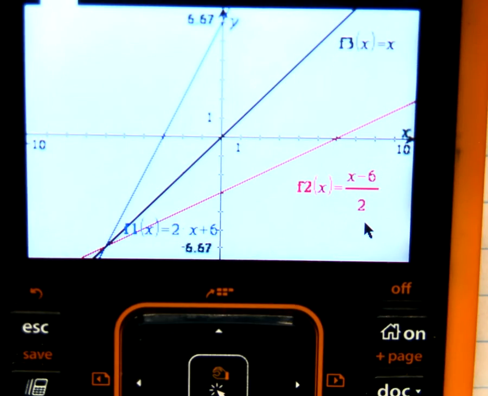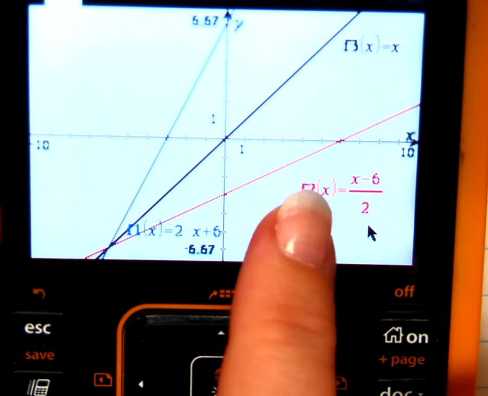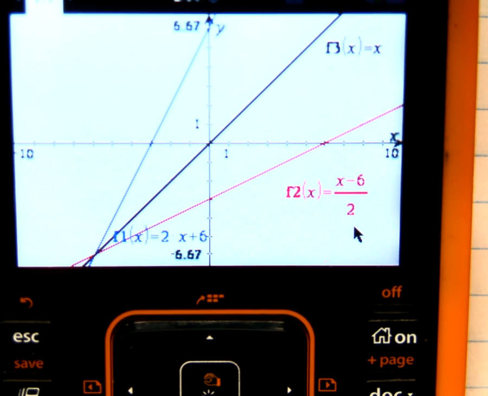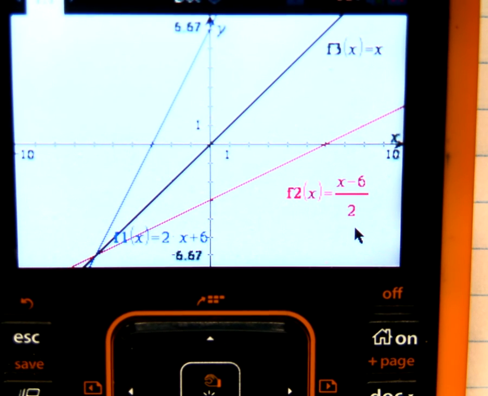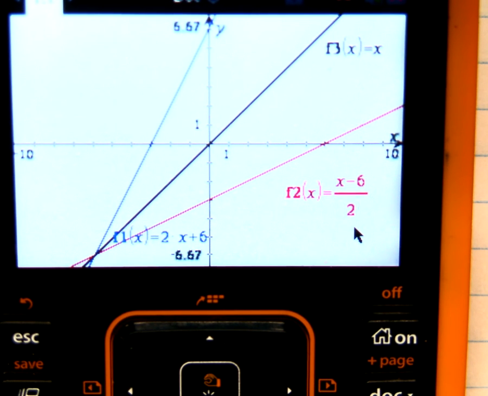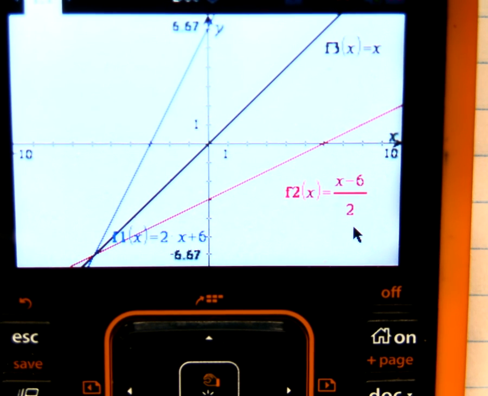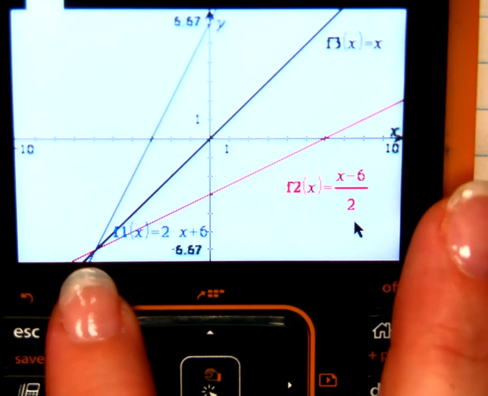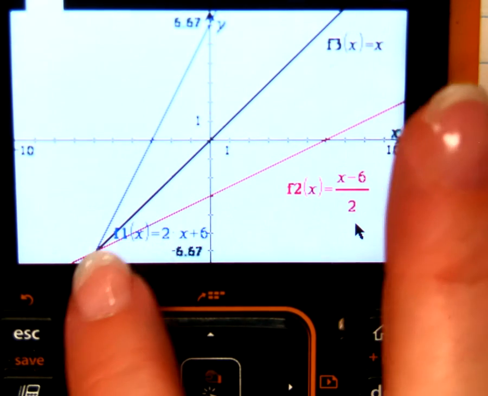So first of all, where do these two lines, the red and the blue line, if you can tell the colors, where do they meet? Not specifically, more in general. On that line, right? Don't they meet on the line y equals x?